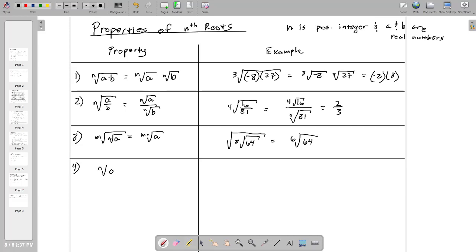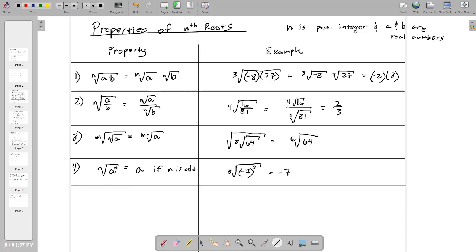4. The nth root of a to the n is equal to a if n is odd. So here, the cube root of -7 to the third power is equal to -7. Now we have to specify whether n is even or odd in this case, because even powers work a little bit differently because of the negatives.